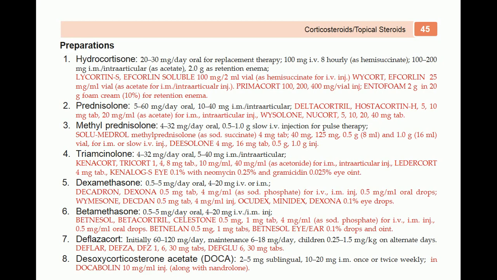The same drug is also available as injection, 0.5 milligram per ml oral drops, and Decadron or Dexona 0.5 milligram tablet, 4 milligram per ml as sodium phosphate for IV and IM injection, and 0.5 milligram per ml oral drops.